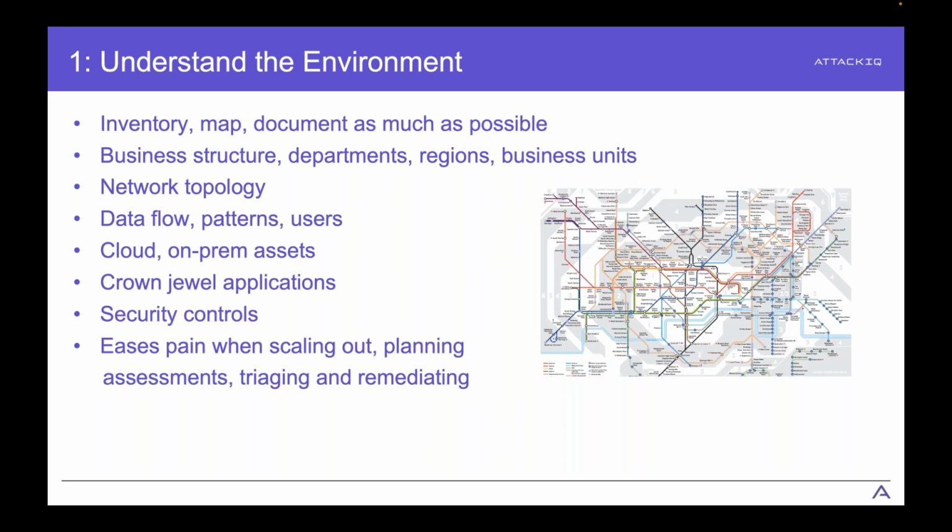So understanding the environment, your controls, your vendors, and so on is going to play a very relevant part in breach and attack simulation, but also in things like creating your test plans or adversary emulation assessments.